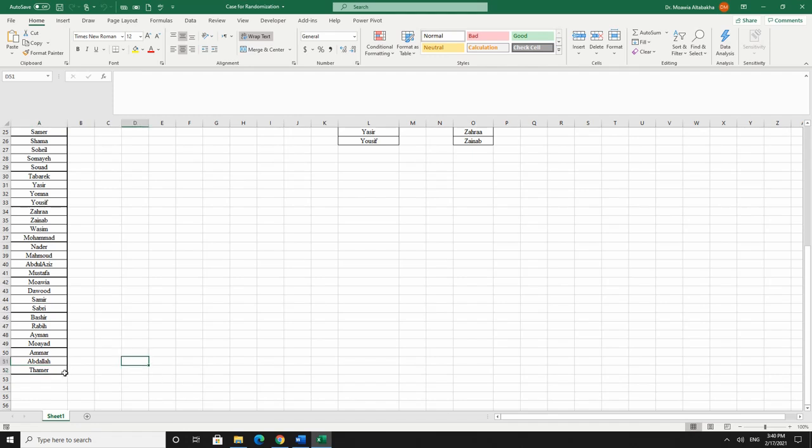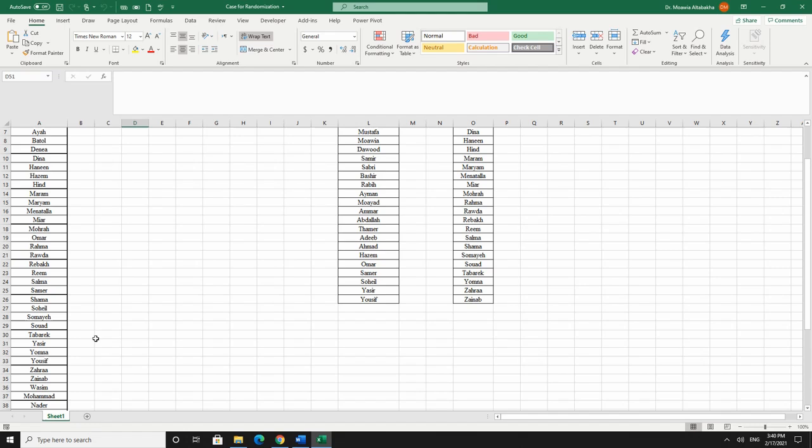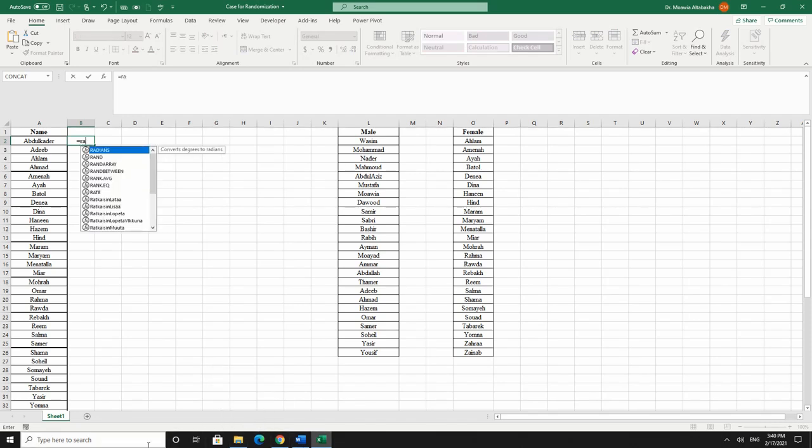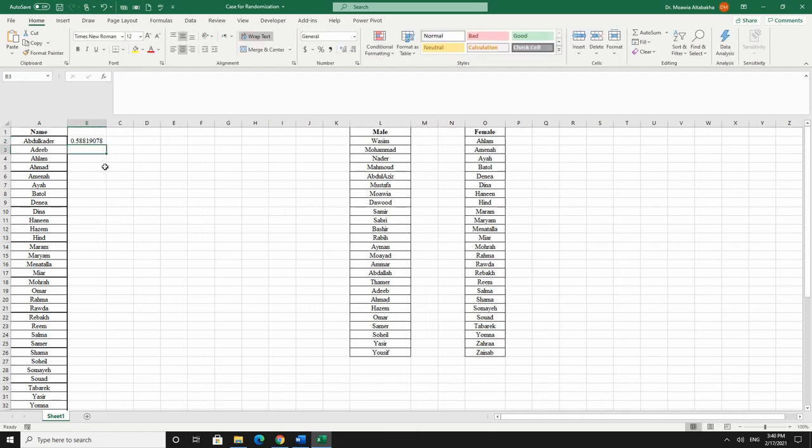So what I need is 26 in one group and 26 in another group. See what I'm going to do. First, I will go here and type equal to and then RAND. See, it's here, RAND, and just close the bracket.